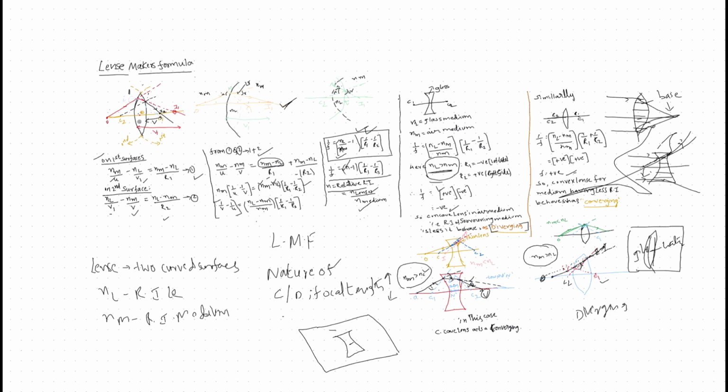The deviation is zero. The incident ray and refracted ray fall on the same line because the glass slab thickness is very small. That I will explain in the glass slab in some other cases. Thank you, guys. I hope you understand.